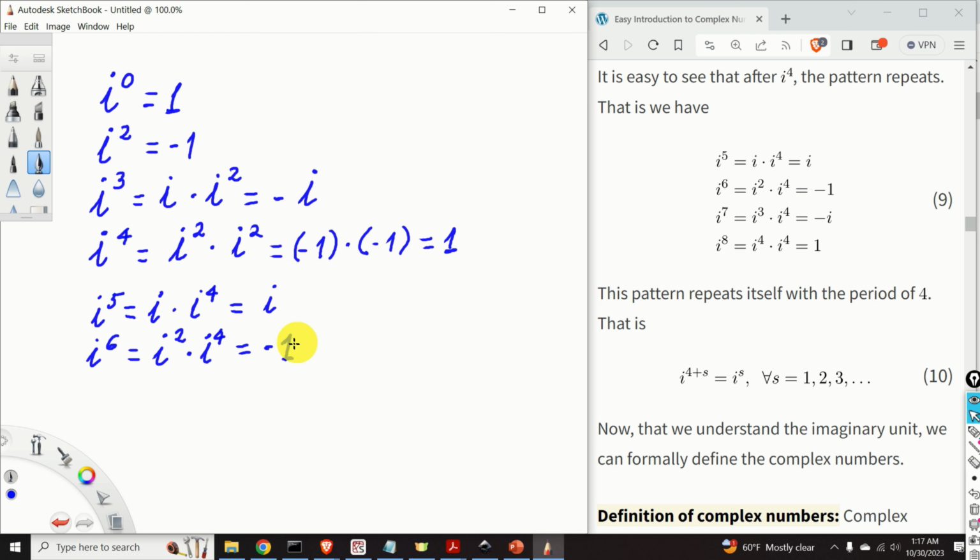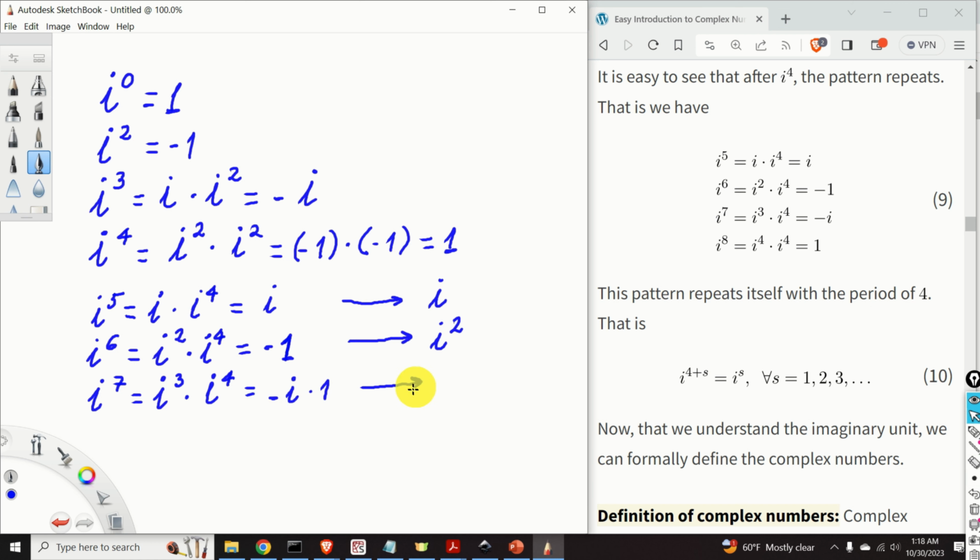Now observe the pattern. What is happening over here? We have that this is actually i. This term is equal to i to the power 2. Perfect. How about i to the power 7? We obviously have i to the power 3 multiplying i to the power 4, and from here we have -i multiplying 1.